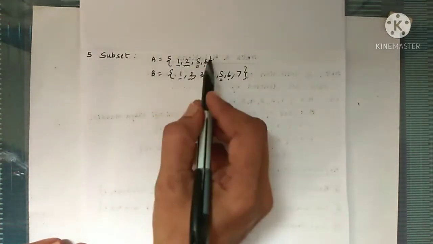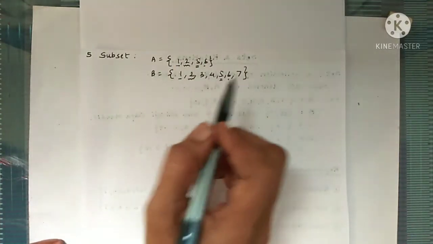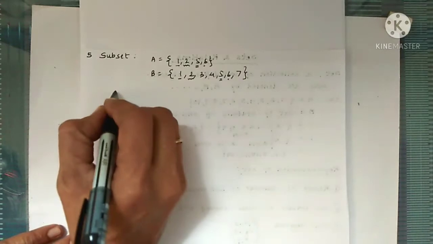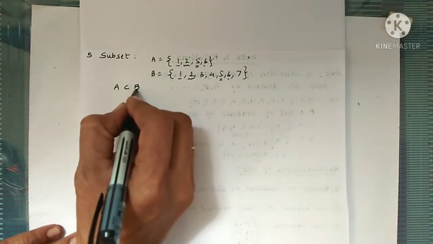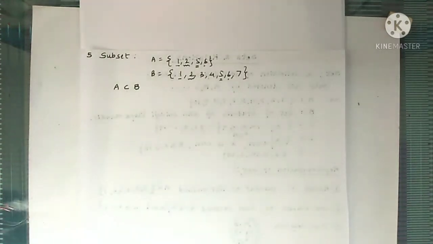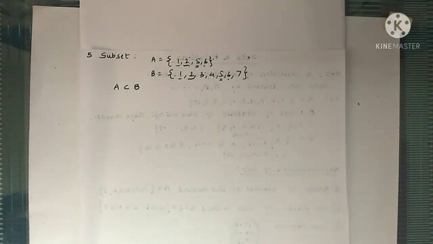So all the elements of set A are elements of set B. So we say that A is a subset of B, and we denote it like this. A is a subset of B, or A is contained in B, or B contains A.